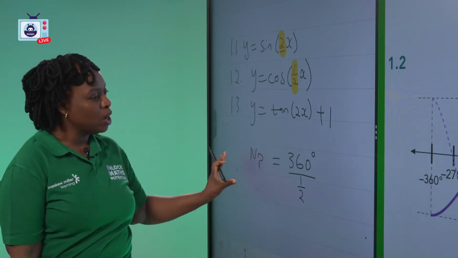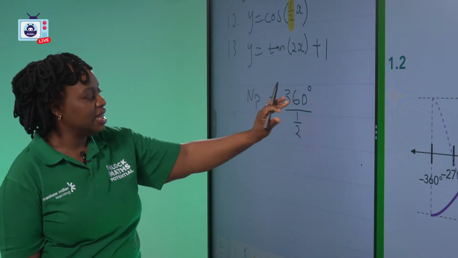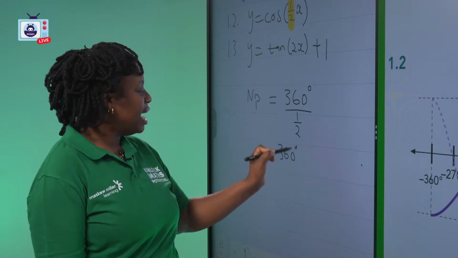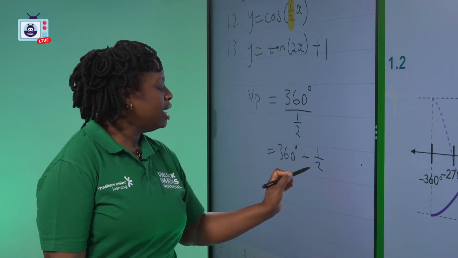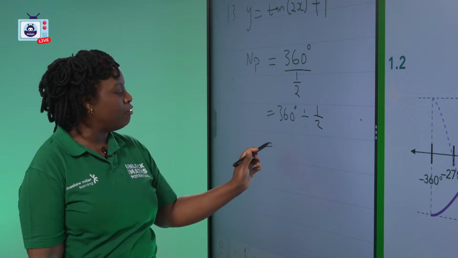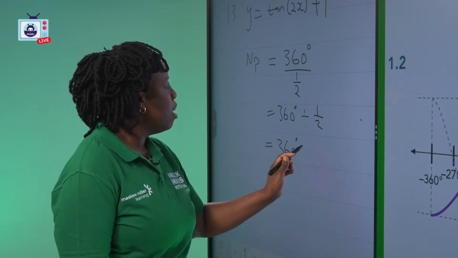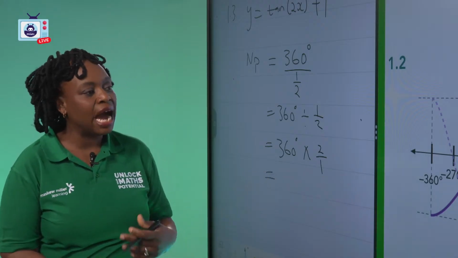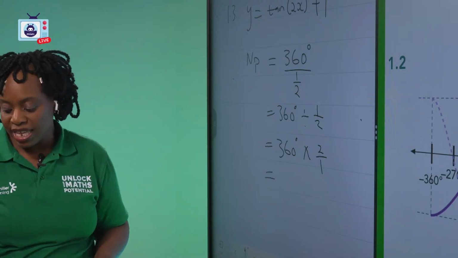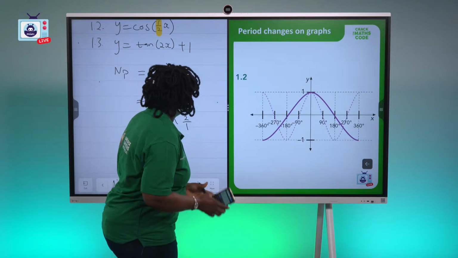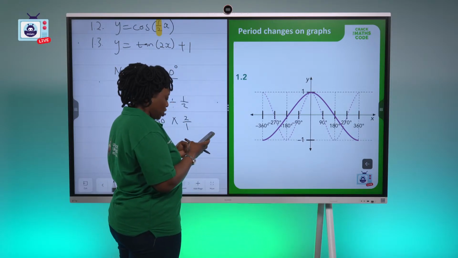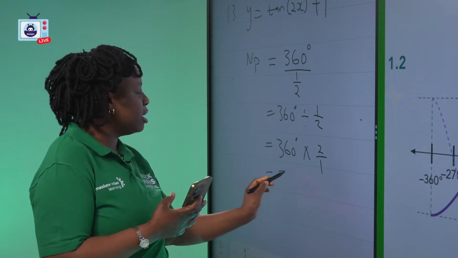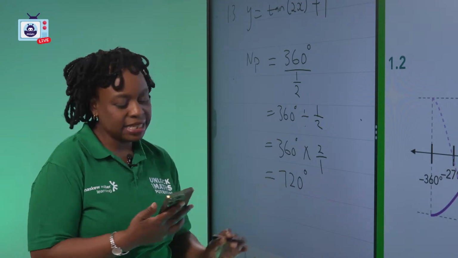If I divide 360 by a half, it's simply the same as 360 multiplied by 2 divided by 1, which gives me double of what I have. So in this case, my 360, I think is going to be 540. Let me just check. 360 multiplied by 2, that is 720. Apologies, so that is 720.